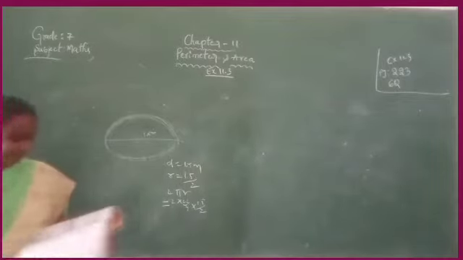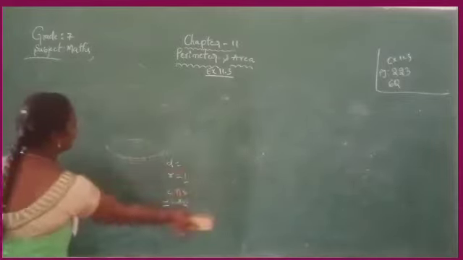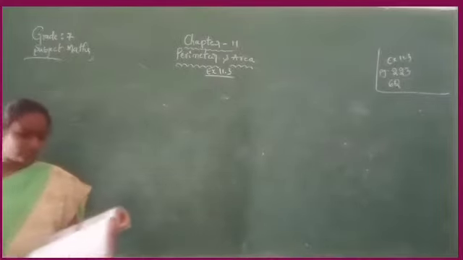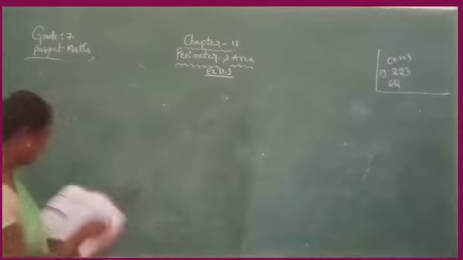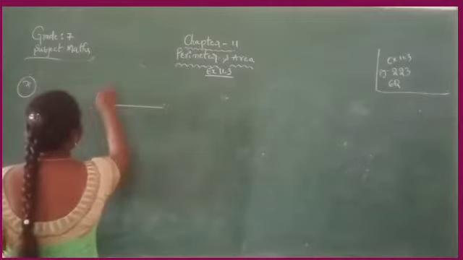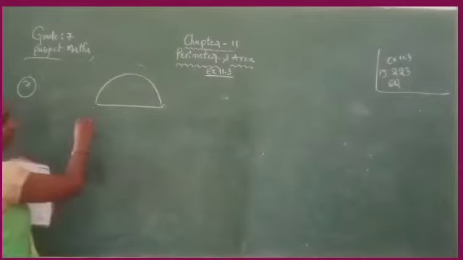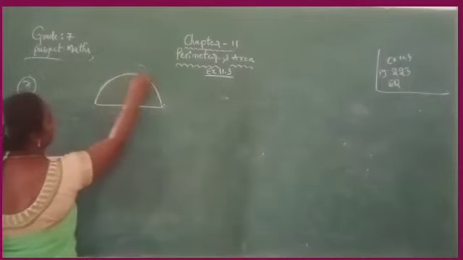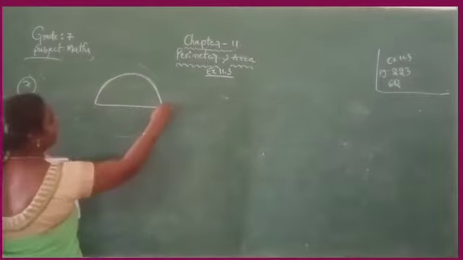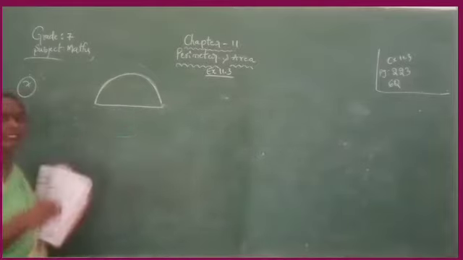Right. Next, find the perimeter of adjoining figure, which is a semicircle including its diameter. So in the seventh question given, it is a semicircle. Okay. So it looks like a protractor, 180 degrees. If you join one more semicircle, total form a circle.